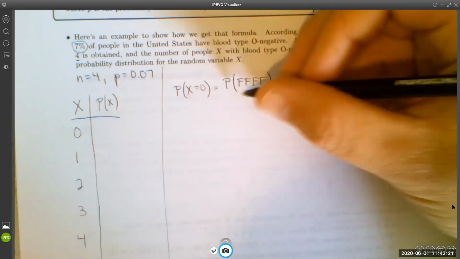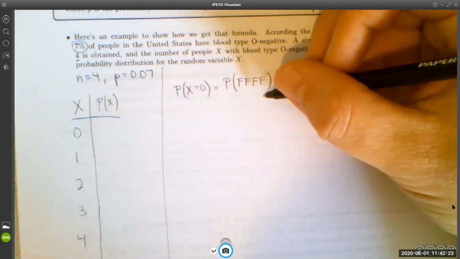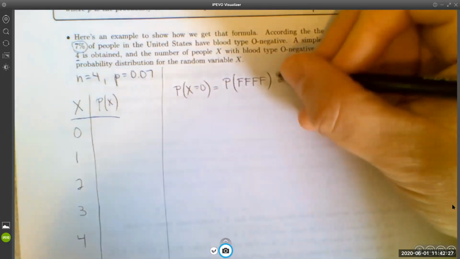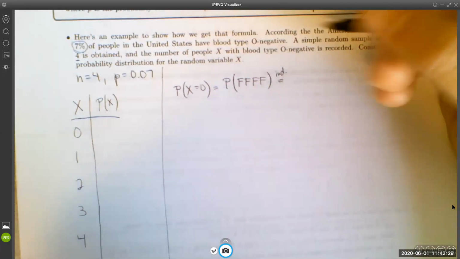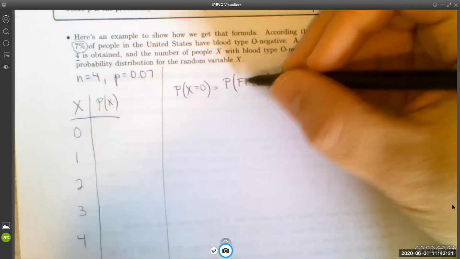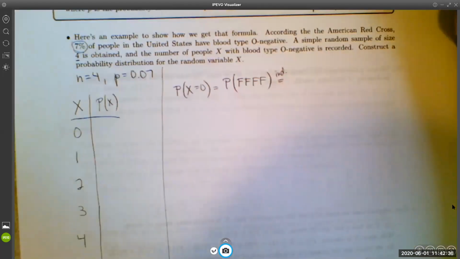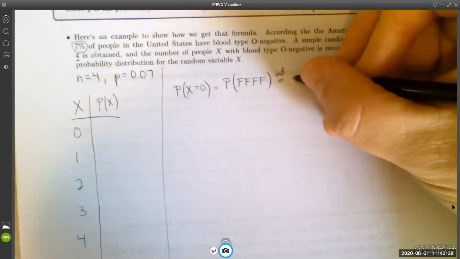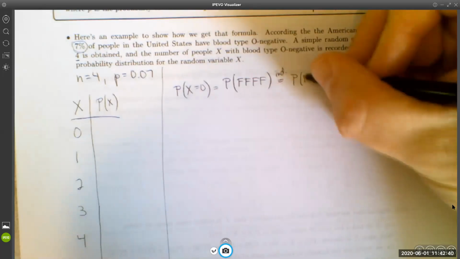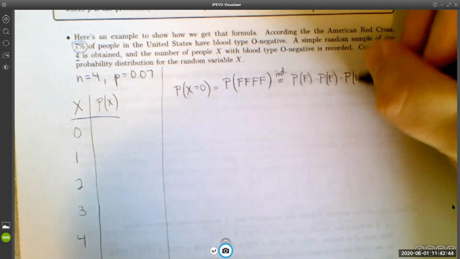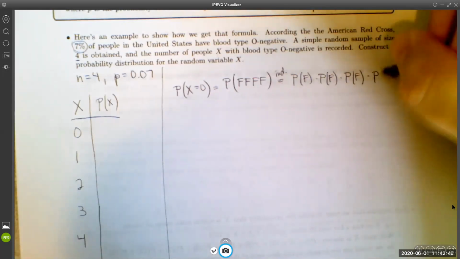We know that the trials in a binomial experiment are independent, and because they're independent, the probability of failure and failure and failure and failure, all of those ands are just going to turn into multiplication. So this is just the probability of failure times the probability of failure times the probability of failure times the probability of failure.